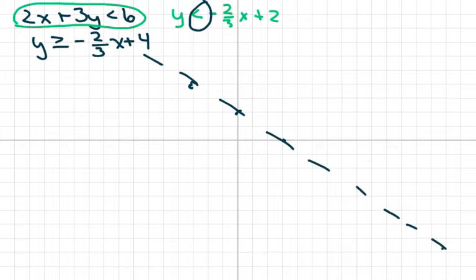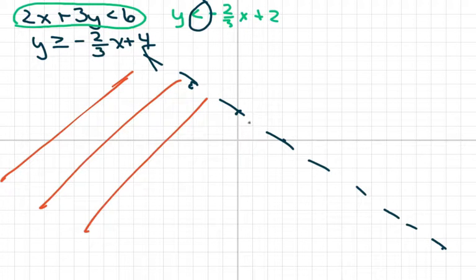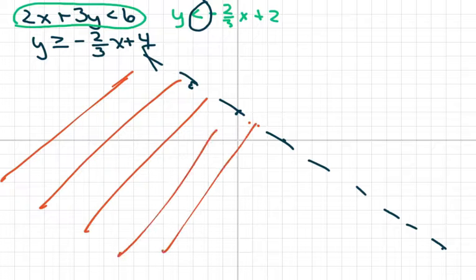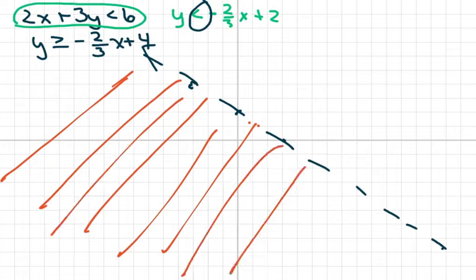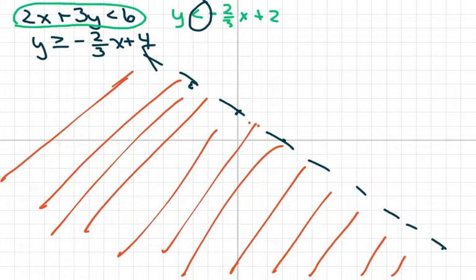Now, does it say less than or greater than? It says less than. So basically, I'm going to shade down. Shading down. I put my pen on the line and draw down. And that's how I know I'm shading down. Now, the other one is we're going up 4, and it has the same slope.